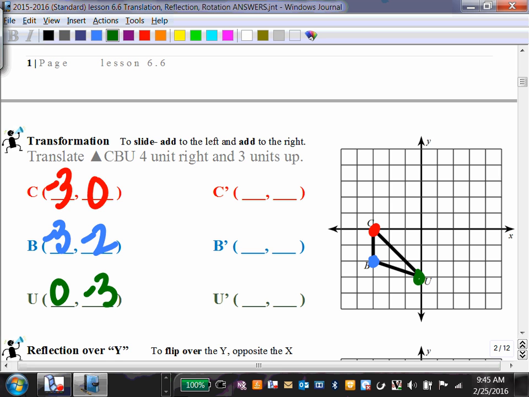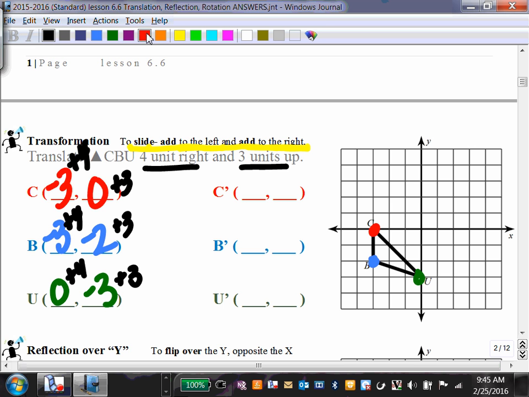All right, we are translating. It's 2 slides. Add to the left, add to the right. Say it once with me. 2 slides. Add to the left, add to the right. Okay, so we go 4 units to the right, 3 units up. So for all of these, we add 4. And then to the up and down, we add 3. If we go left or down, it's negative.